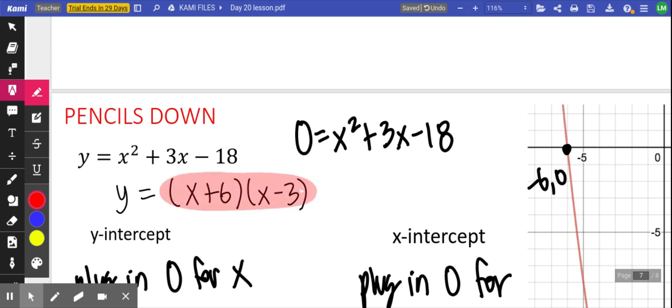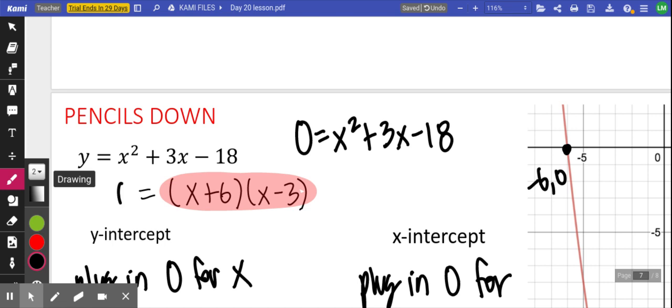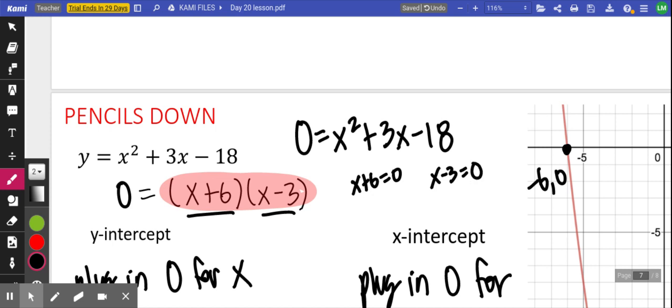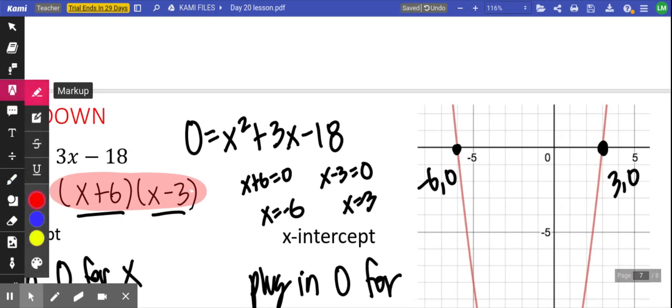because once we factor it to something like this, if we have that equation equal to 0, now, again, remember, all we have to do is set each factor equal to 0. We get x plus 6 equals 0, x minus 3 equals 0, x equals negative 6, x equals 3. Well, there's my x-intercepts.